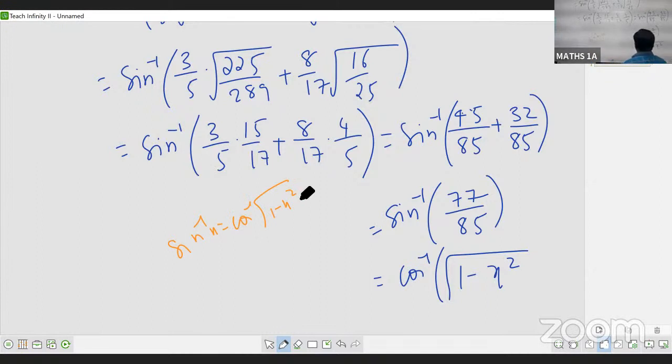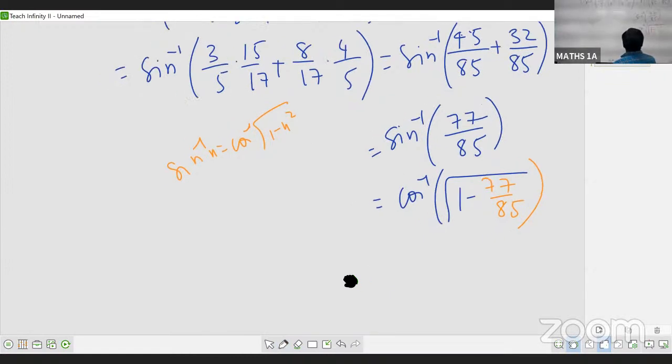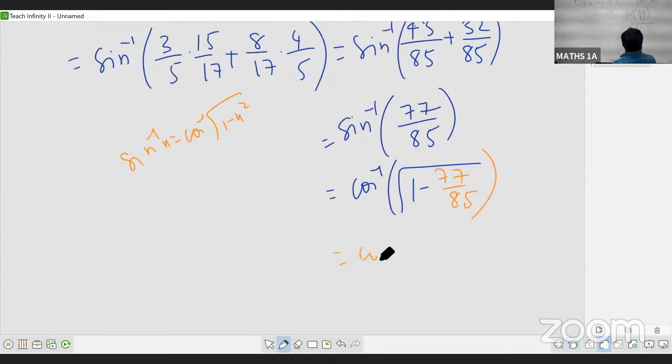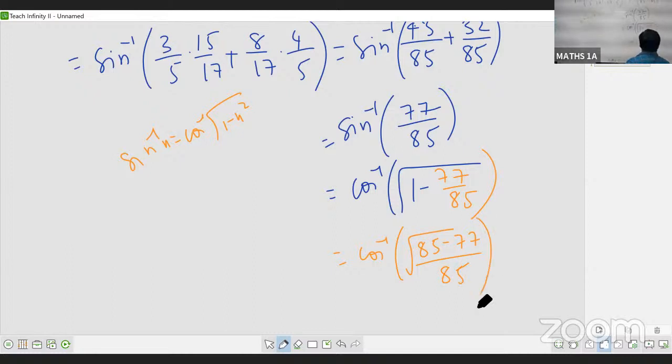So in this case, what is your x? 77 by 85, correct? So that is nothing but cos inverse under root of 1 minus 77 by 85 whole square.